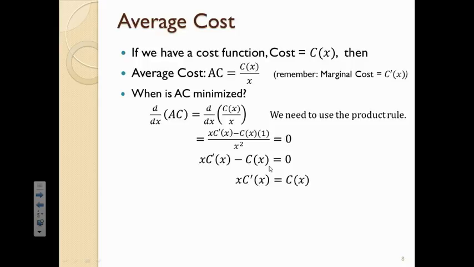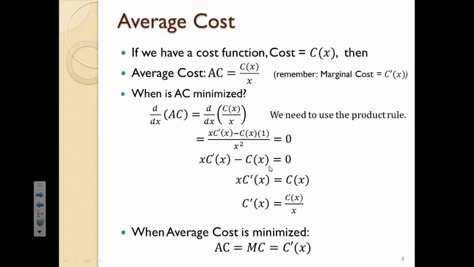Well, if we divide by x now, we would get c prime equals our cost function divided by x, which is our average cost function. So what this is telling us is that when our average cost is minimized, it is equal to our first derivative. It is equal to the marginal cost.